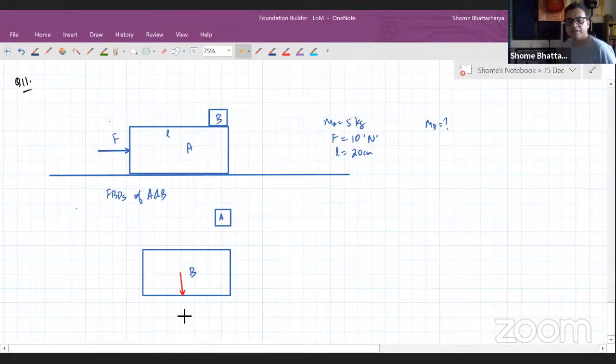So obviously there is weight of B acting downwards. There is weight of A acting downwards.